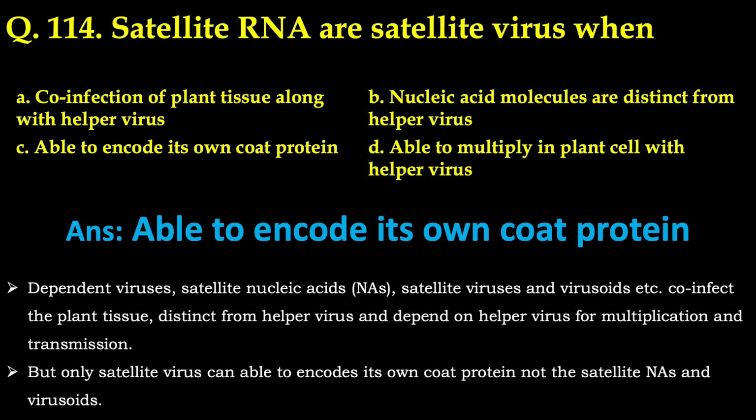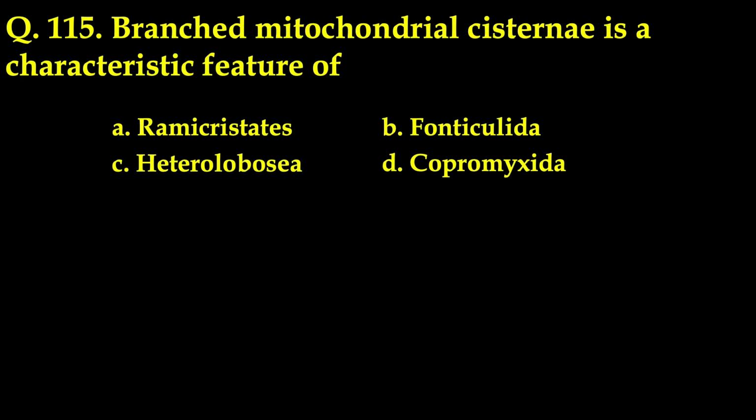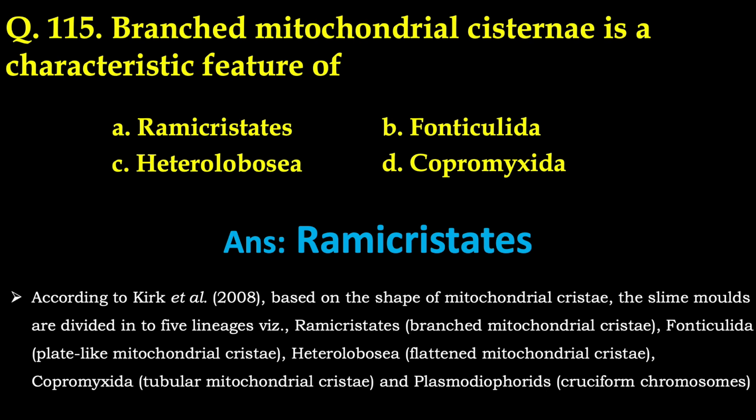But only a satellite virus is able to encode its own coat protein, not the satellite nucleic acid or virusoid. Next question is on branched mitochondrial cristae as a characteristic feature of Rhizoplasmodiida, Fonticulida, Heterolobosea and Copromyxida. And the correct answer is A, that is Rhizoplasmodiida.